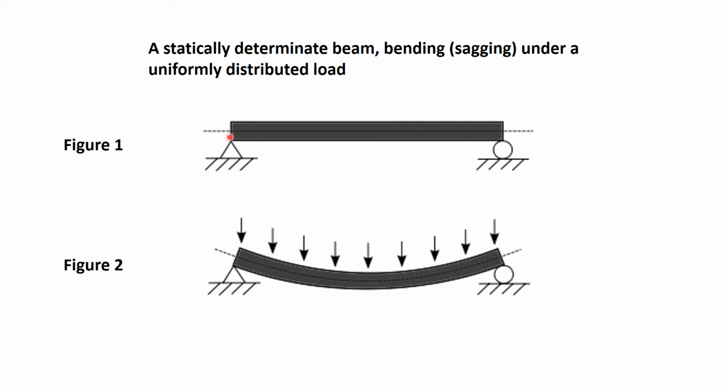So, in figure 1, ito yung initial condition or position ng beam which is horizontal or it is straight and there are supports at the ends. Then, under the action of the loads, nagbend yung beam or nagkaroon ng sag or sagging. So this is just an example because the forces are downward. So ganito magkakaroon ng effect doon sa beam. Parang smiley yung itsura.